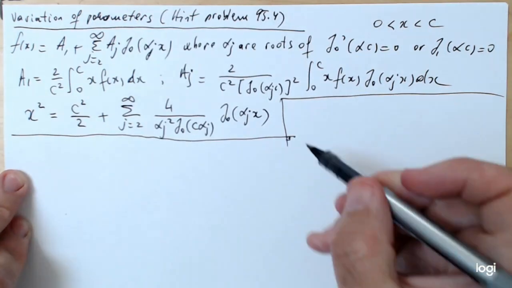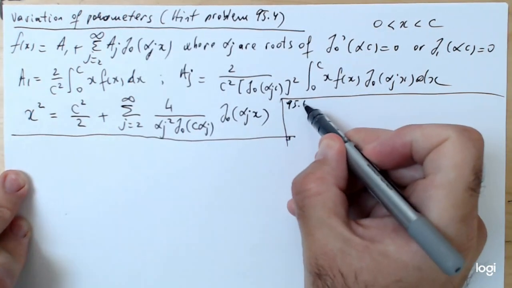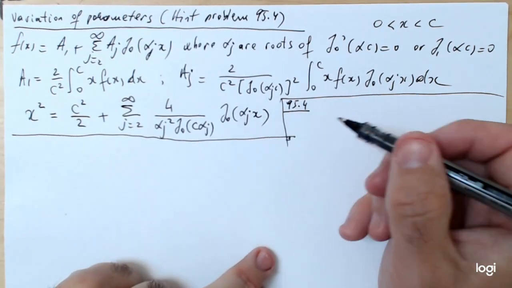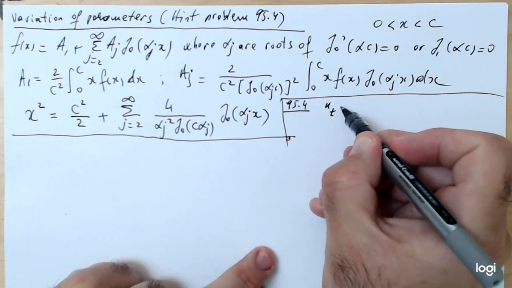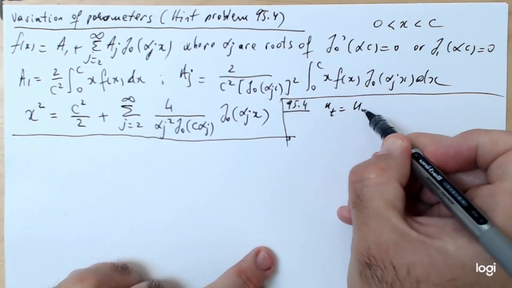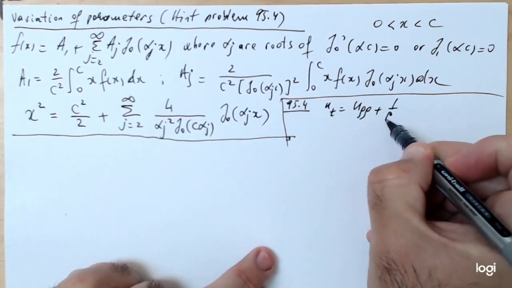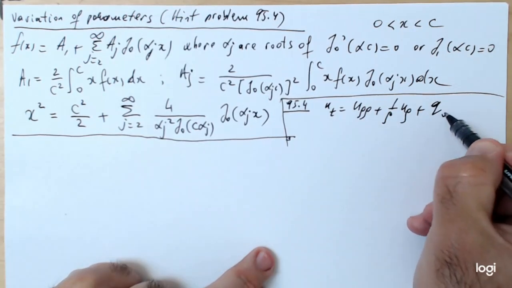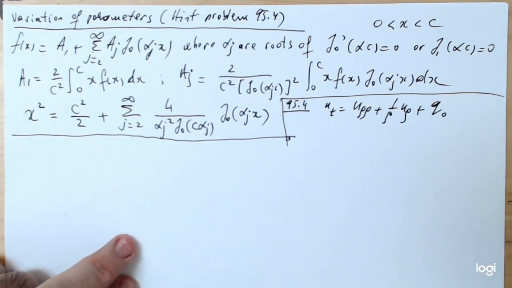All right, so the problem 95.4 is a modified heat equation to make it non-homogeneous, right? So you have u partial t on the left-hand side, and on the right, u partial rho twice plus 1 over rho u partial rho. And what's new here is a constant term added to the problem called q naught.